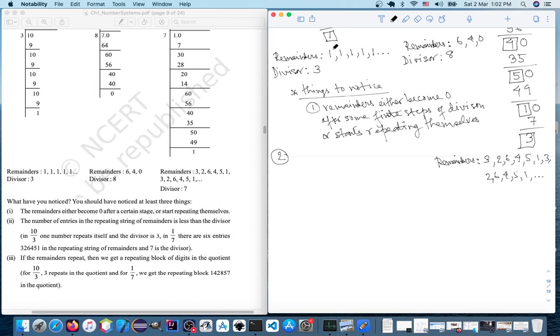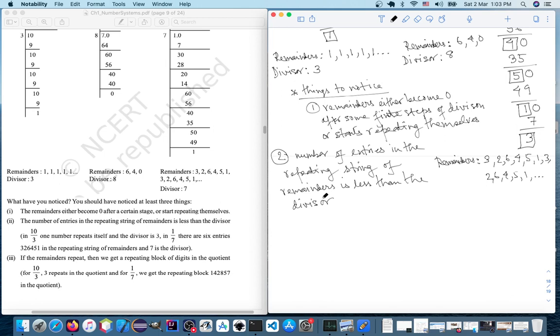So it says that the number of entries, meaning the number of digits in the repeating string of remainders, is less than the divisor.